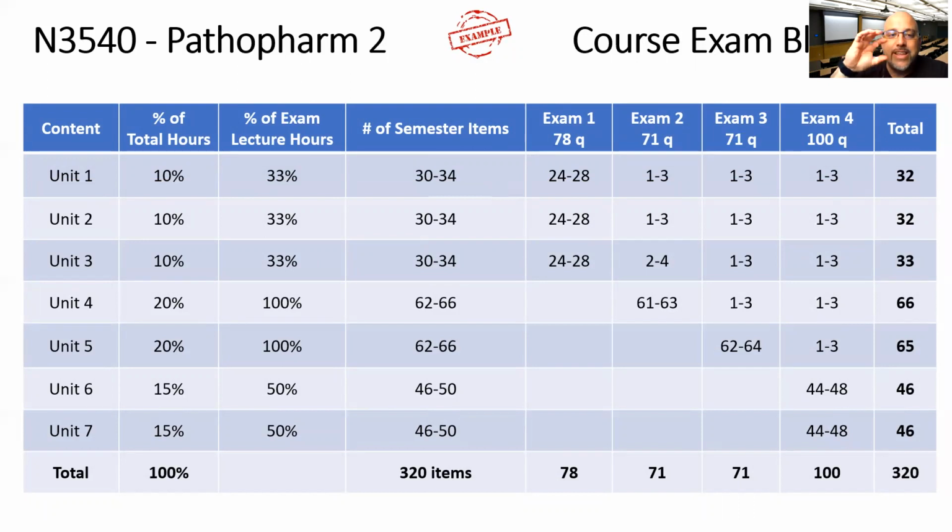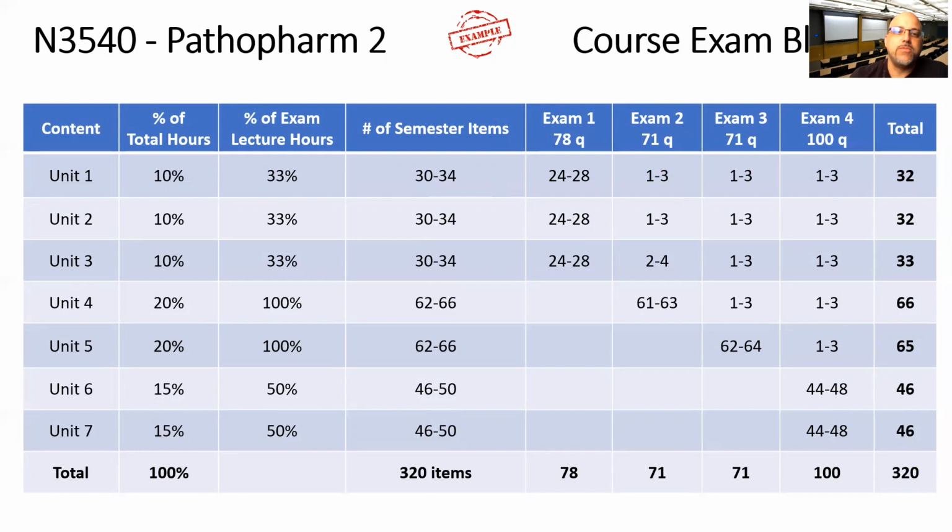So broken down by examinations, units 1, 2, and 3 are on one exam, unit 4 on one exam, unit 5 on one exam, and units 6 and 7 together on one exam. And so you can see the number of semester items across the spectrum. That's the goal.